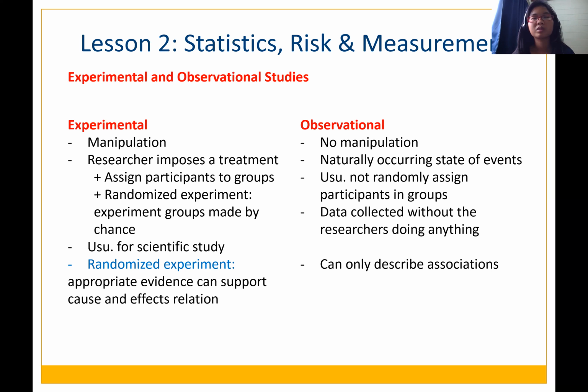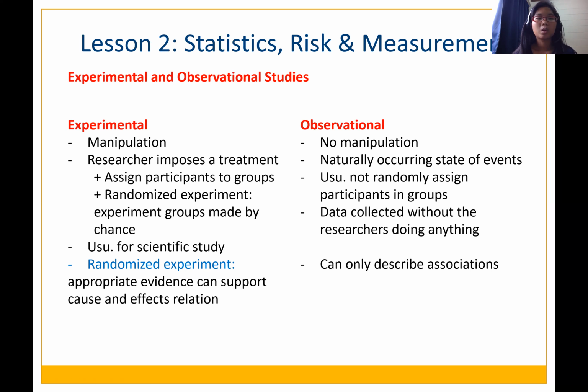On the other hand, observational studies are where you usually just make observations based on the natural living of that subject. There are no interventions from us, and we don't divide them into groups. We just make observations on how their life is and how it relates to what we want to test.